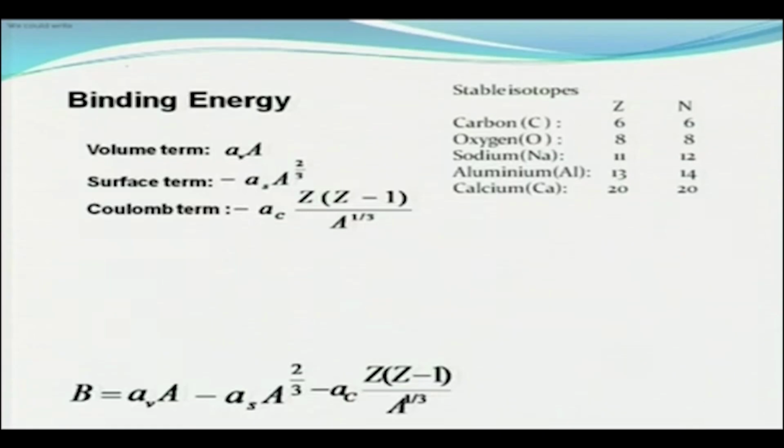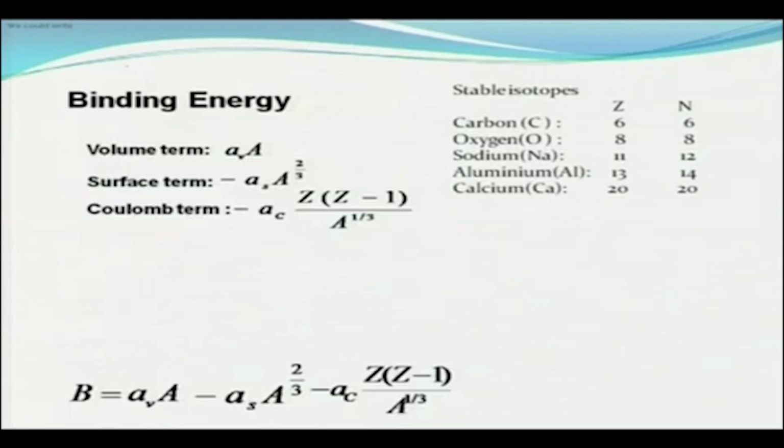So, this is not a single incident. If we consider a large number of nuclei or atoms, we will see this behavior, that for a particular Z value, N is more or less equal to the Z value for a stable nucleus.